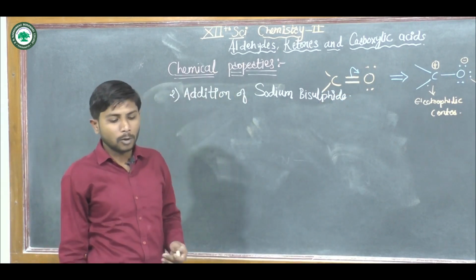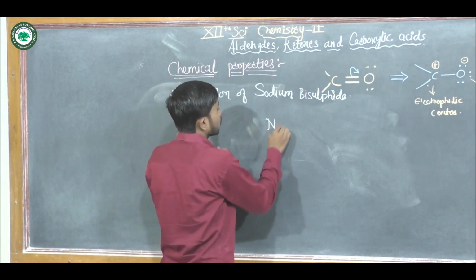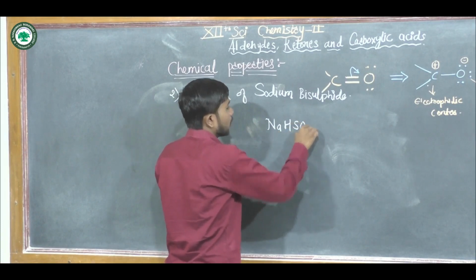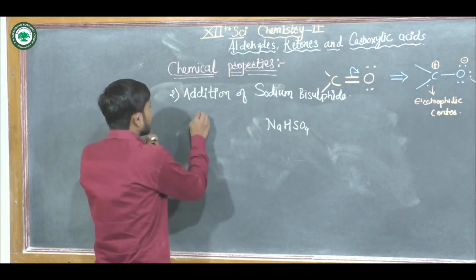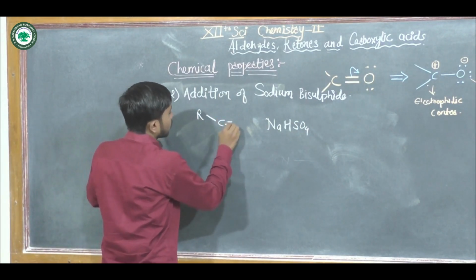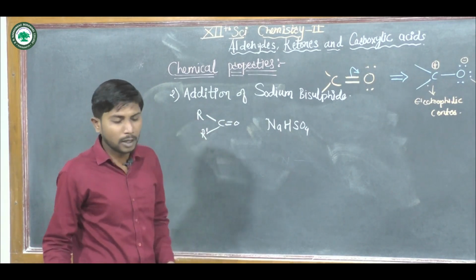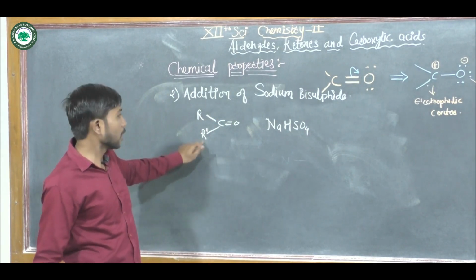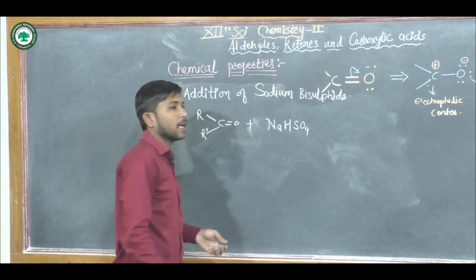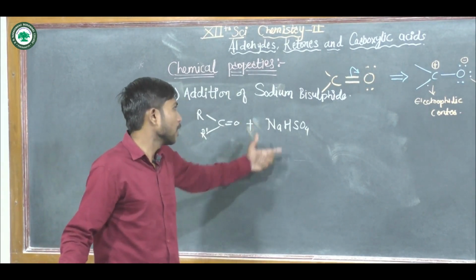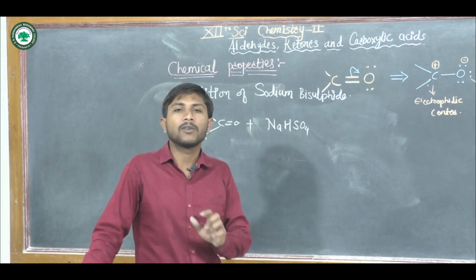What is the formula for sodium bisulfite? We know NaHSO3. It may be an aldehyde or a ketone. For an aldehyde, for this R we can take hydrogen. When aldehydes or ketones undergo addition with sodium bisulfite, there is a formation of sodium bisulfite derivatives.